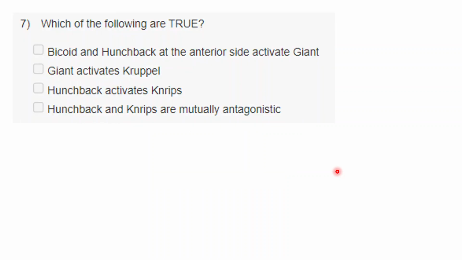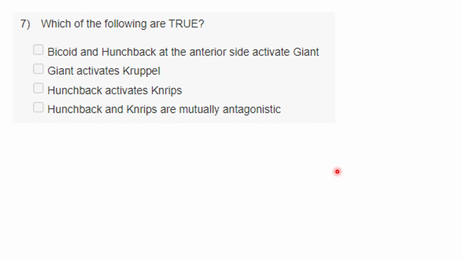So here we are at question number 7. Which of the following are true? Again, true false statements. Actually, Professor Subramaniam loves these kinds of confusing true false statements. So you have to be very careful with your concepts when you answer them in the real exam. Option 1, bicoid and hunchback at the anterior side activate giant.